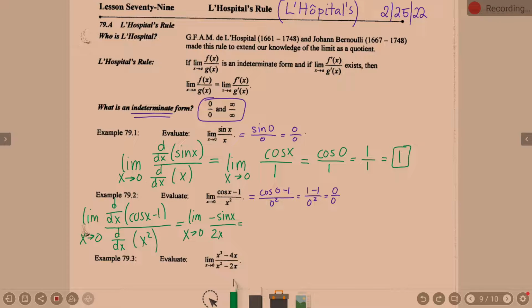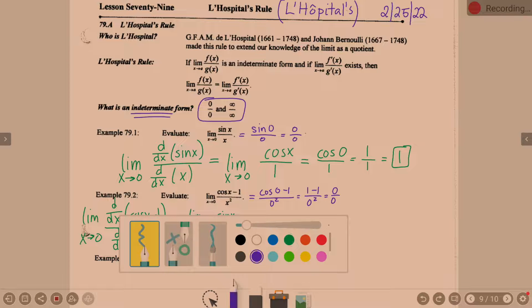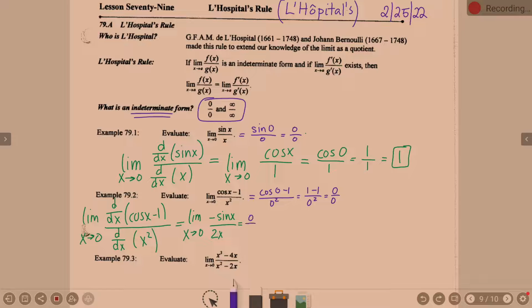Now I'm going to plug in 0. What is the negative of sine of 0? Still 0. What is 2 times 0? 0. What just happened? We got an indeterminate form again.